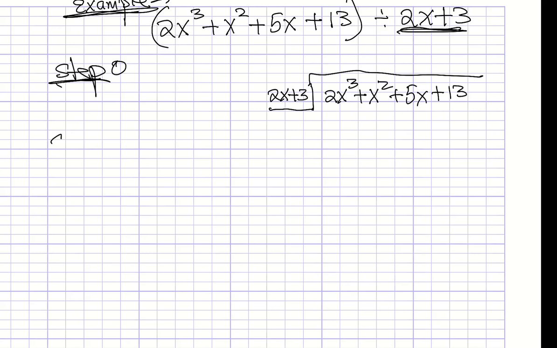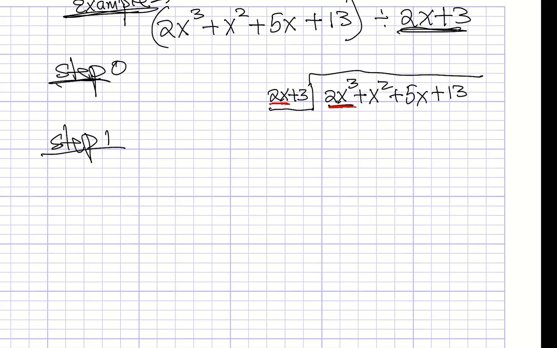And then we'll go to step 1. Step 1 is when we kick off the process. You see the leading term of the dividend right there, and the leading term of the divisor right there. We're going to work with those.